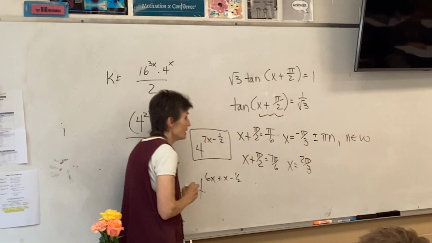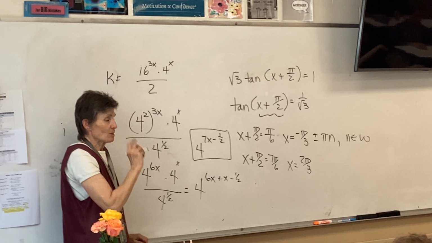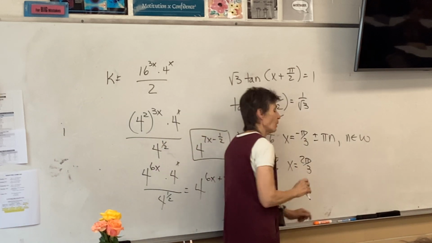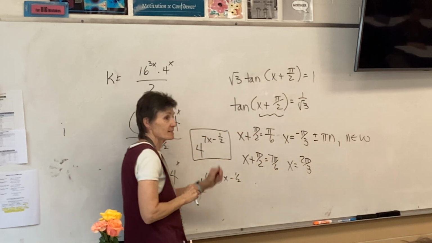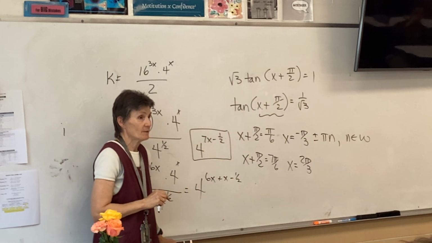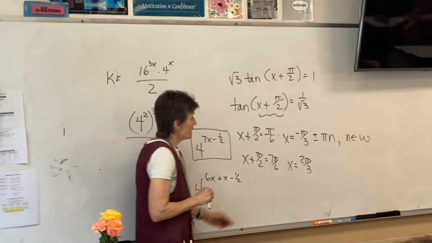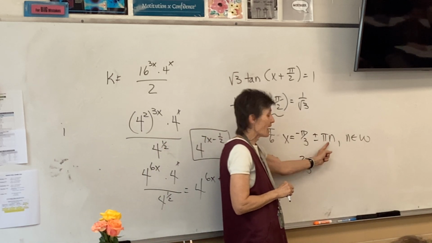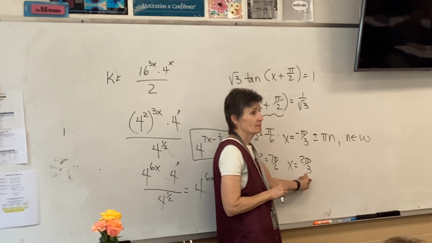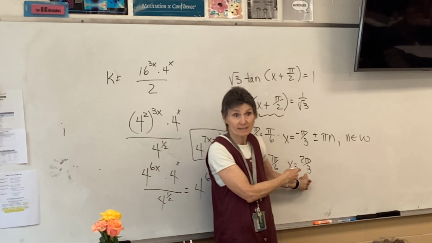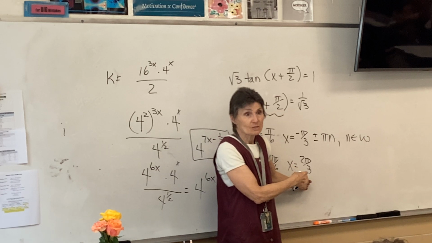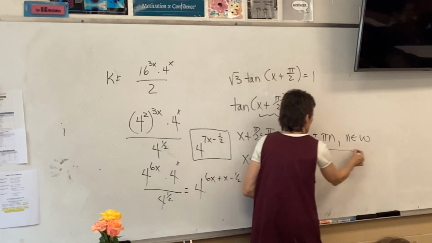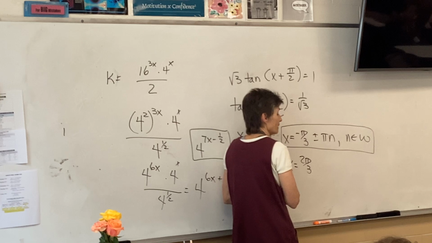Now, actually, I'm not even going to do this one, because what is the period of the tangent? This is a tangent problem. What's the period of tangent? Pi. And what happens if I take negative pi over 3 and add 1 pi? What do I get? So isn't that answer already included? So I get it, but I don't really need it, because this will answer everything.